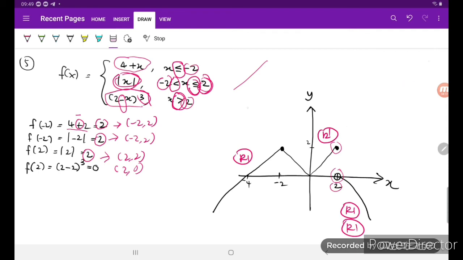Yeah, you will get marks for your linear graph, your modulus graph, and your quadratic graph. And if all correct, you get another 1 mark. For graph, it will be 4 marks altogether.